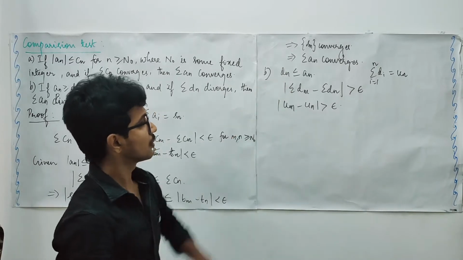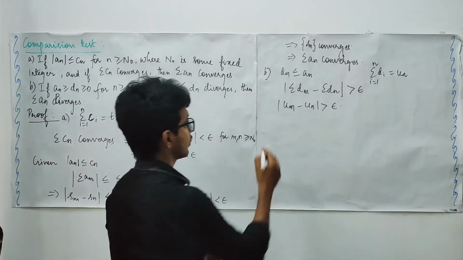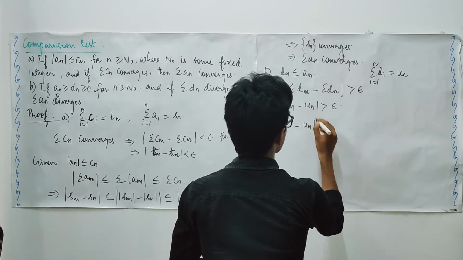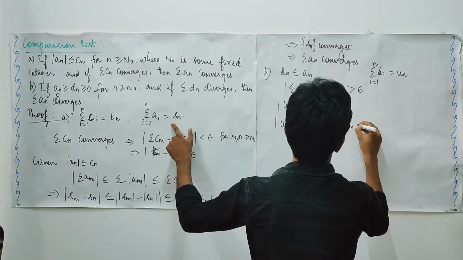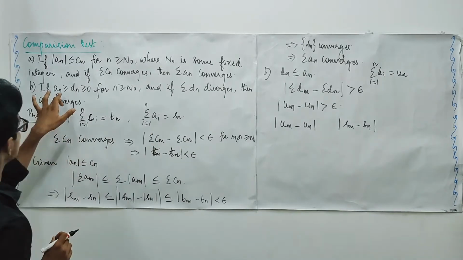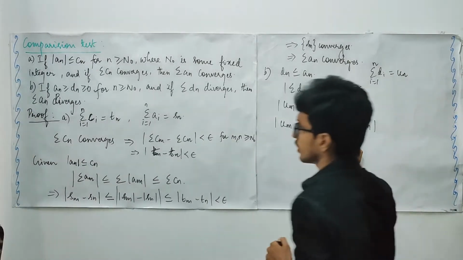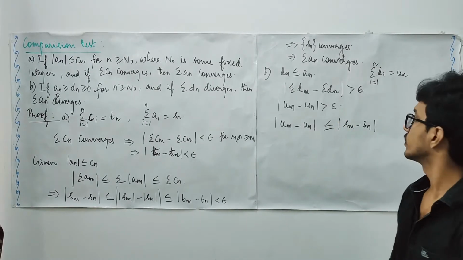With the help of this, we may compare U_m minus U_n with S_m minus S_n. Here you may notice that each term in a is the biggest quantity, so it is going to be of this form.